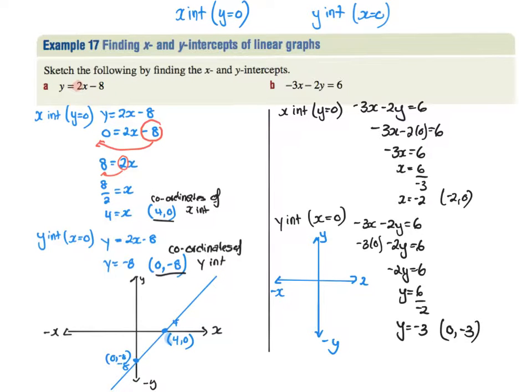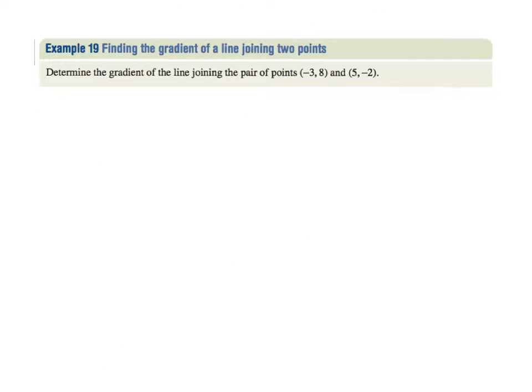All right, so we've got x-intercept is -2 over here, and y-intercept was -3. So there, get our ruler, join up our dots. There's my line, and I might just label my coordinates. And I'm done.